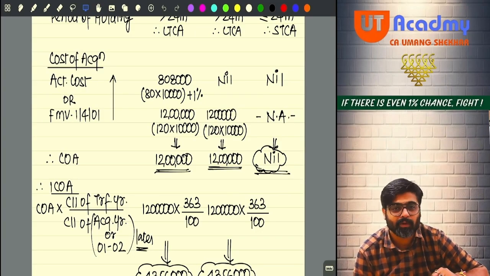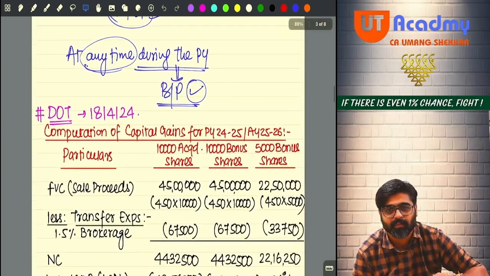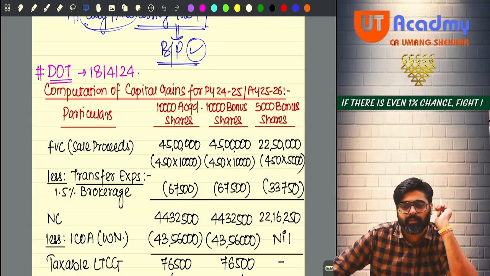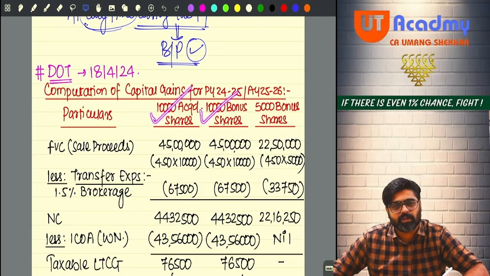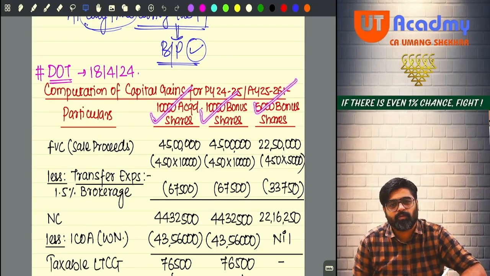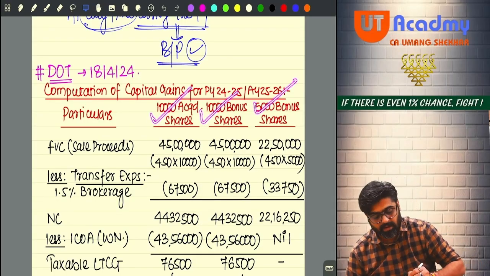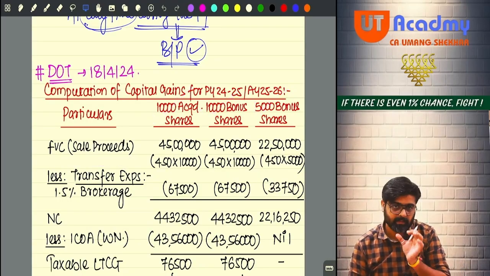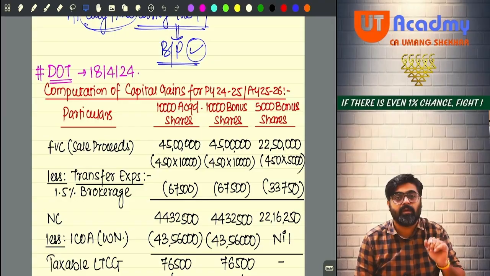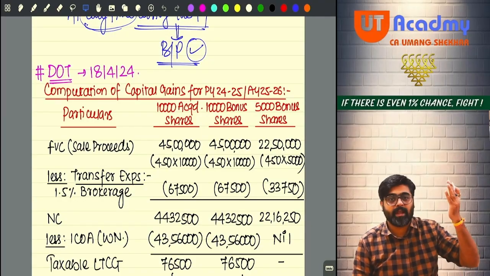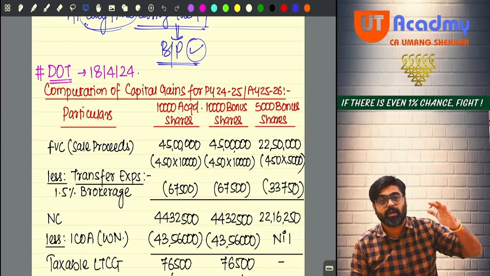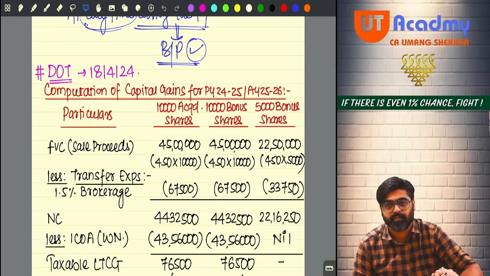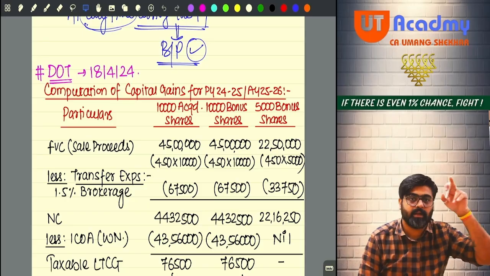Now, we are going to do the calculations. Come on. All the lots, separate assets. 10,000 shares, 5,000 shares. What is the full value of consideration? In the bracket only we are writing sale proceeds. Always have the habit to write in the bracket what amount you are taking as full value of consideration, because sometimes you will have to take a specific amount as per a specific section to be taken as FVC.